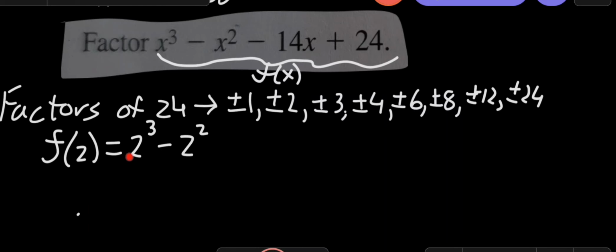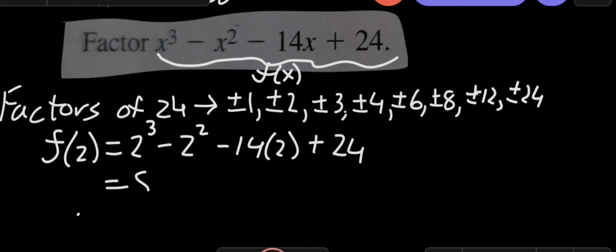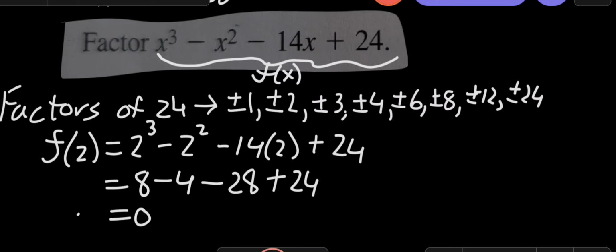But if it's a negative value, you should definitely enclose it in parentheses. So that's going to be 2 cubed minus 2 squared minus 14 times 2 plus 24. That's equal to 8 minus 4 minus 28 plus 24, which adds up to 0.